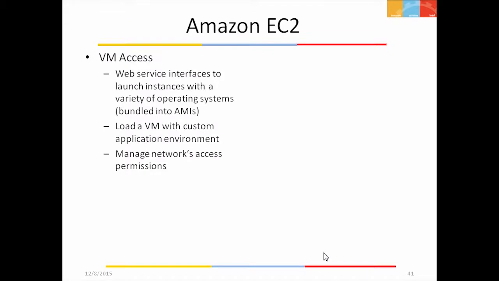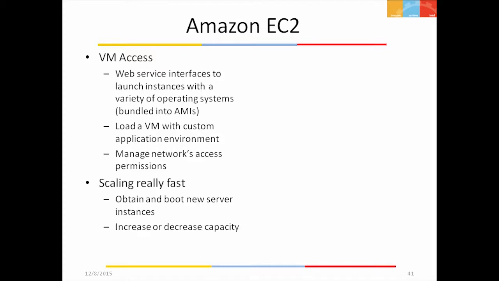So for VM access, you can use a web services based interface to launch instances with a variety of operating systems which are bundled into an AMI, load the VM with a custom management environment, and then manage network access permissions. It scales really fast.